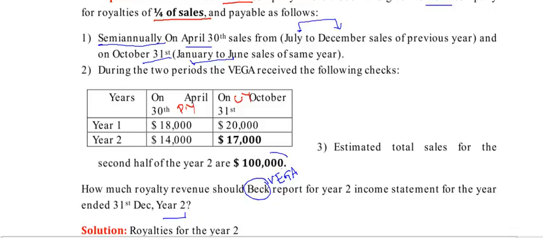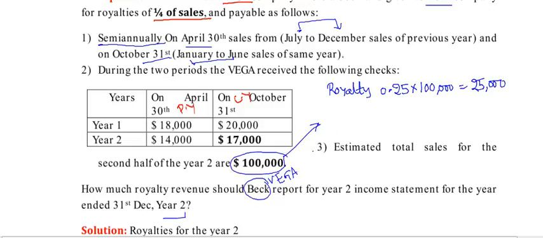The royalty is 25% of the year 2 sales, so it is 0.25 times 100,000, which is 25,000. Very simple.